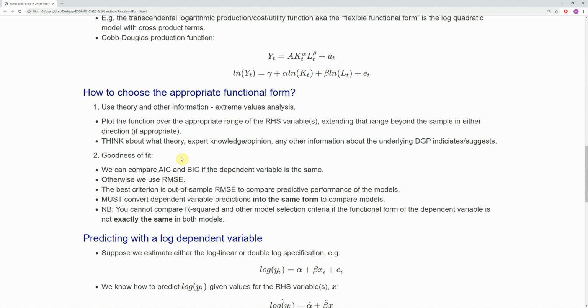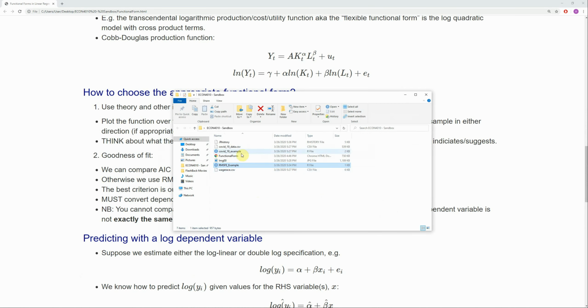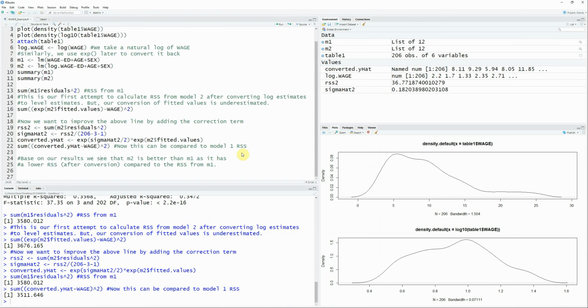One of the examples that we are dealing with these days is the COVID-19 virus. So there's a data set that we have in the sandbox, and we also have a COVID-19 example R code that we want to review right now. So that's the data, COVID-19 data.csv. We go to this example file.